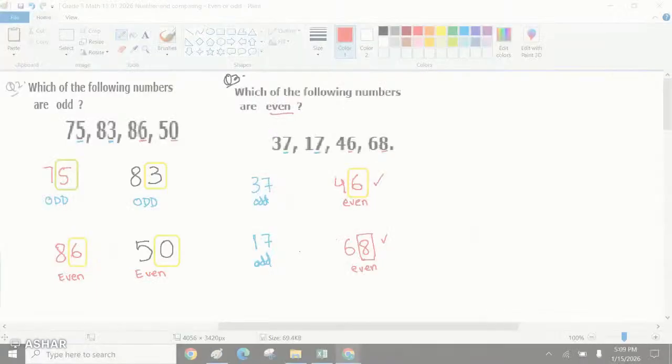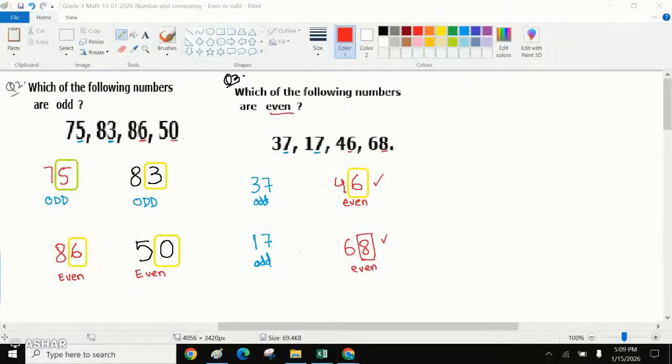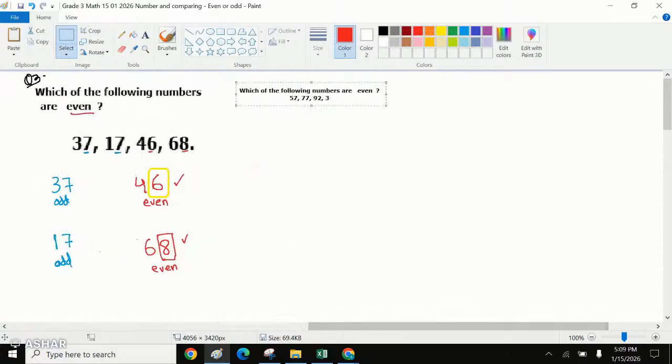One more. The next question is, which of the following numbers are even numbers? Again, we need to find which of these numbers are even. Let's highlight them properly so that they're readable. Question number 4.